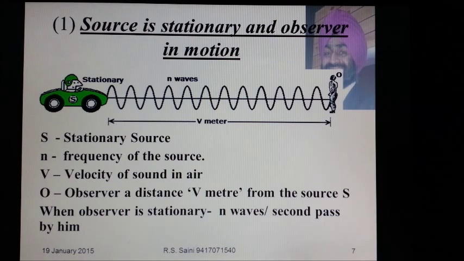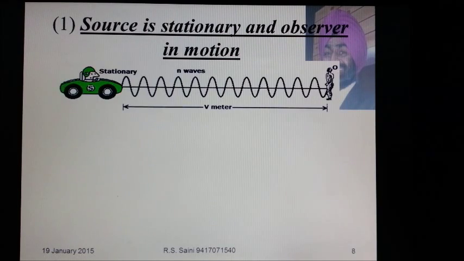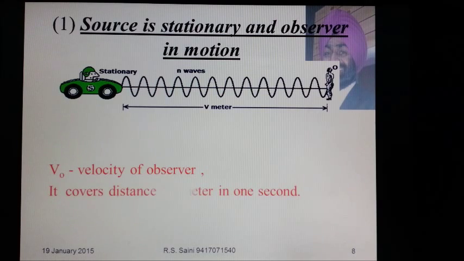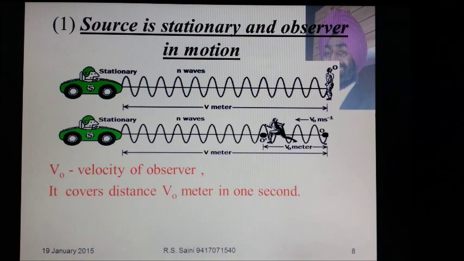Now let the observer start moving towards the source. In this case, during 1 second, the observer would also be able to cover some distance, which is equal to the velocity of the observer vO into time 1 second. So the observer covers distance vO meter in 1 second.